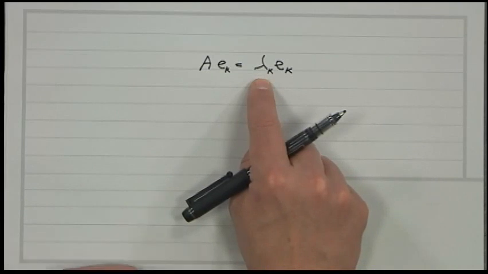If you have multiplicity in the eigenvalues, all kinds of nasty, weird things can happen.